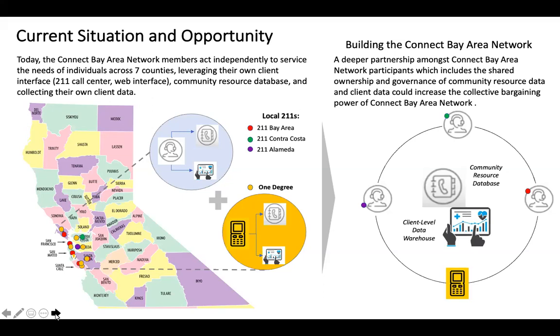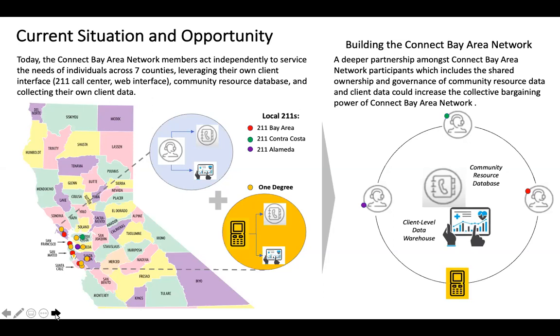And what we were really trying to do was couple this kind of client level data warehouse that comes with screening with the community resource database. In doing that, we wanted to also talk about what the shared ownership and governance structure of the community resource data looks like.